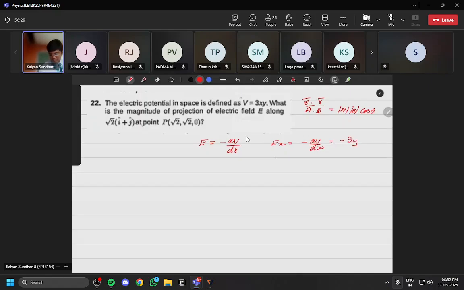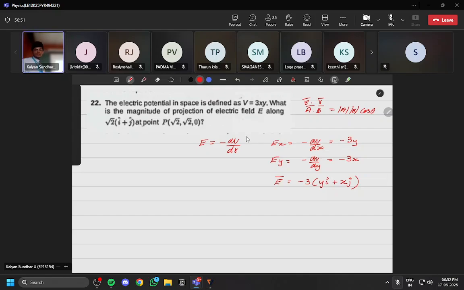Now similarly Ey will be equal to minus dV by dy, which will be equal to minus 3x. So how can we write your overall electric field? In direction, minus 3y i cap plus x j cap. These are the directions of our electric field. Has everyone signed on this?